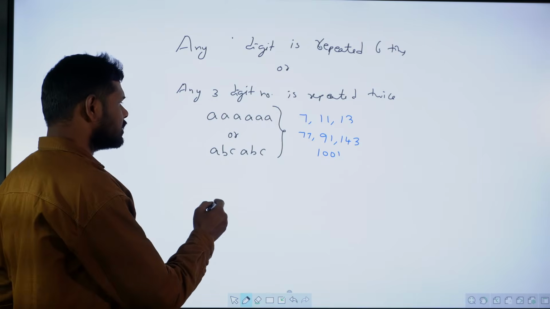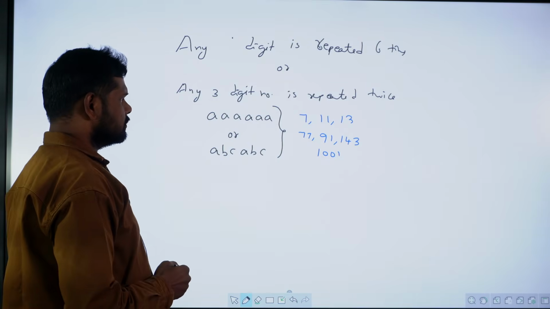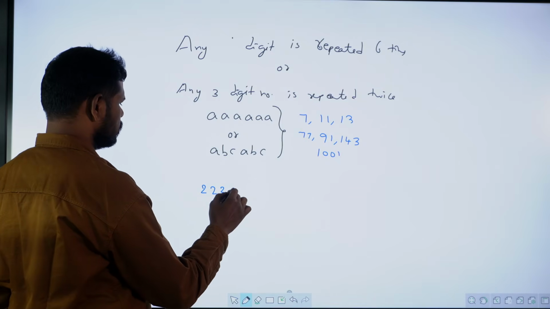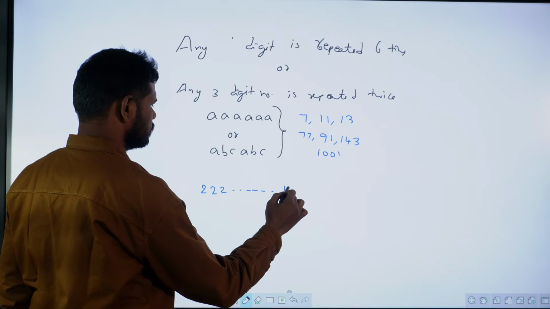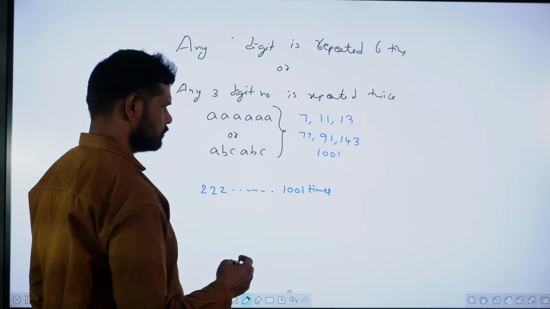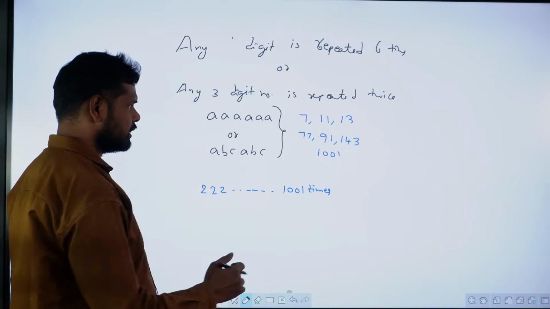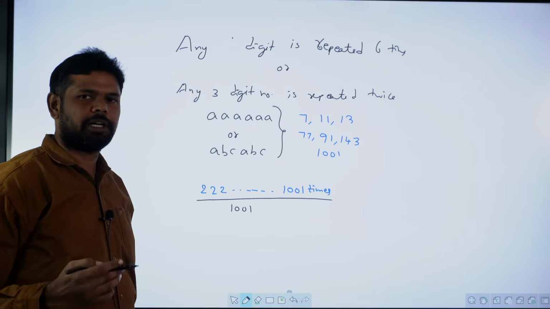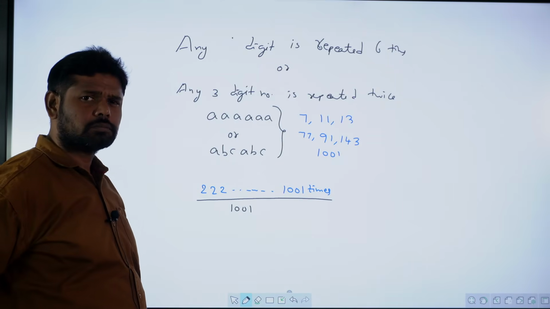Okay. And sometimes questions are framed like this. Suppose 2, 2, 2 and so on up to 1001 times is divided by 1001. What is the remainder?